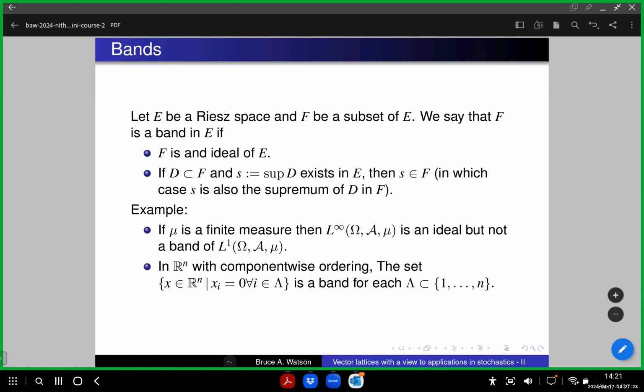So that sequence of functions has a supremum that is in L1. The sequence comes from L infinity. The limit of that sequence is the supremum of the sequence and lives in L1 but not in L infinity. This shows that L infinity is not a band of L1.